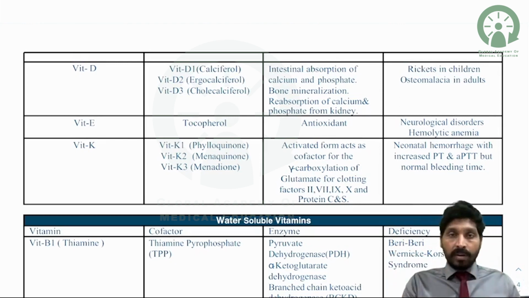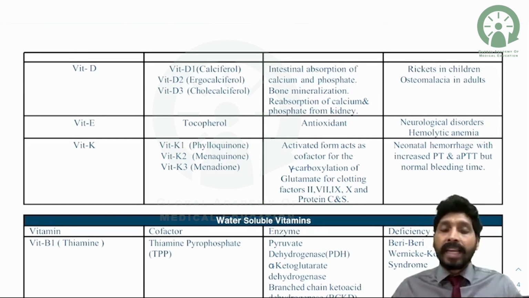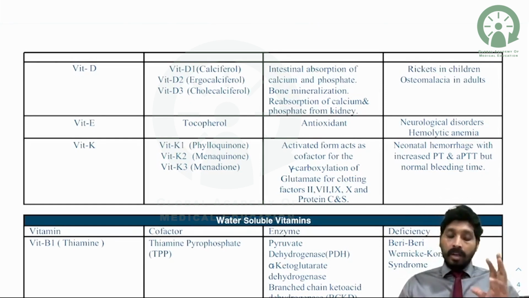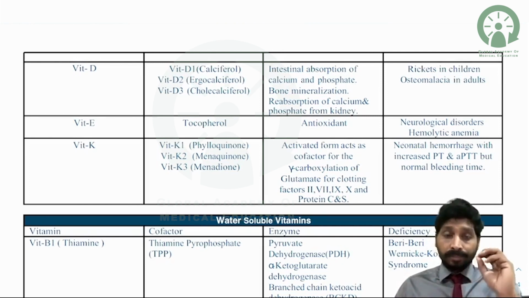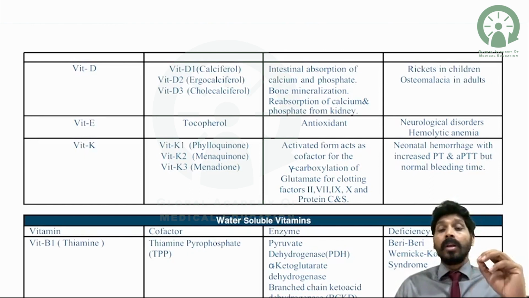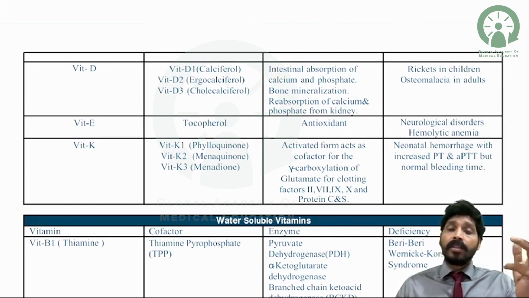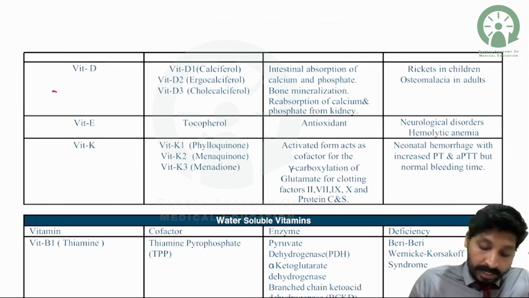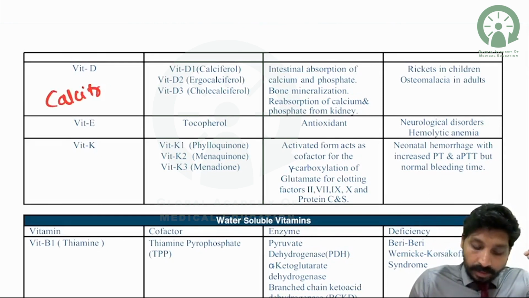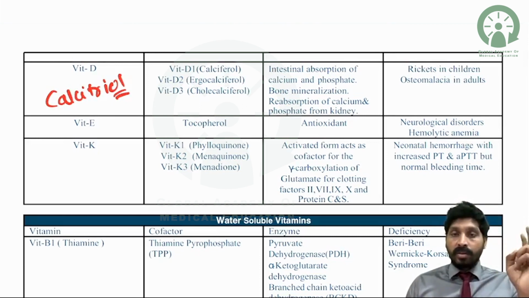So 25 hydroxylase and 1 alpha hydroxylase are both required for making active vitamin D. Cholecalciferol has one hydroxyl group at the third carbon. In the liver and kidney, two more hydroxyl groups are added at the 25th carbon and the first carbon. So there are three hydroxyl groups in total. The active form is calcitriol, which has three hydroxyl groups. Calcidiol has only two hydroxyl groups and is not active.